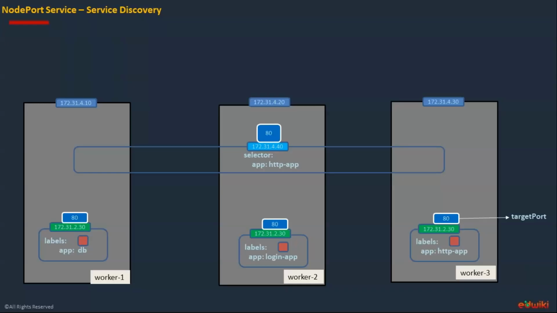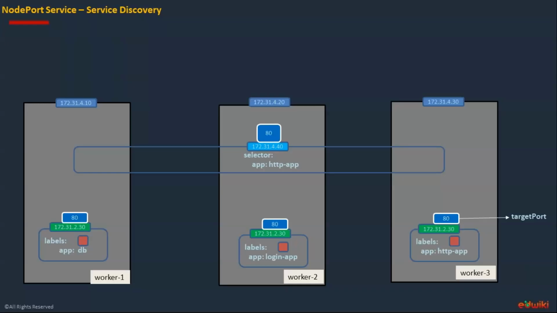So to your service, you define a configuration saying selector, and in the selector you define the label key-value pair saying, hey service, app: http-app, that is the label you are responsible to route the traffic to. Now this service is going to search for the pods having the same label.